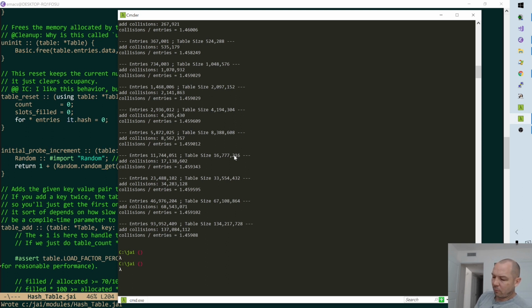That doesn't make sense though, because I think that's a coincidence. We can try it, but that would mean if the load factor goes down, your collisions would go up.